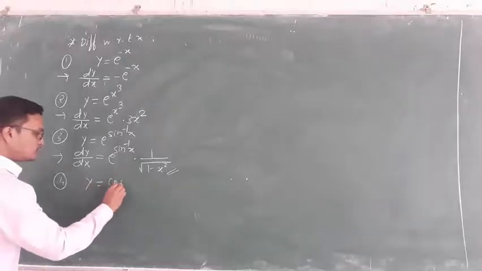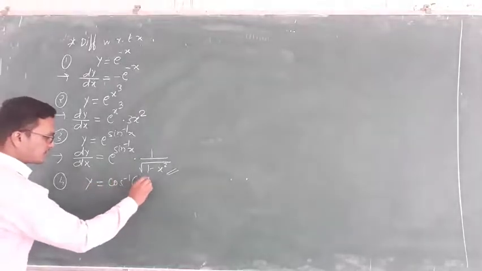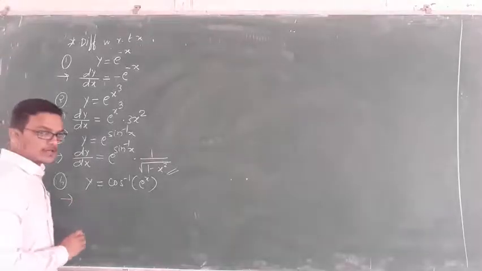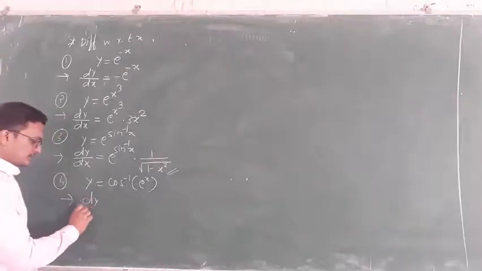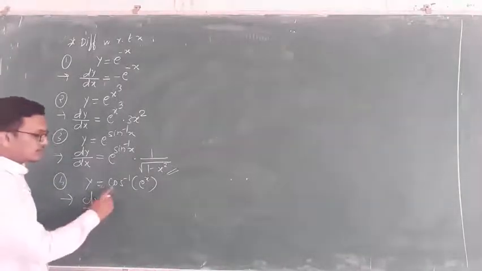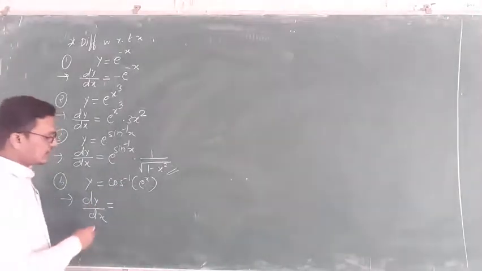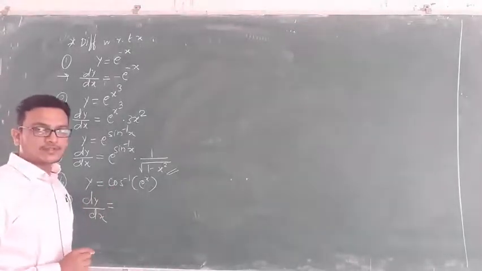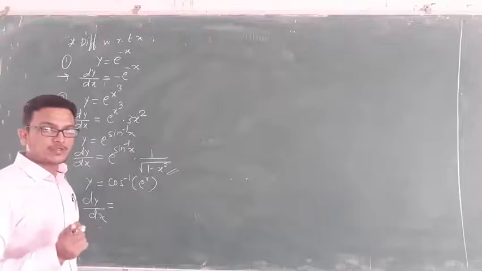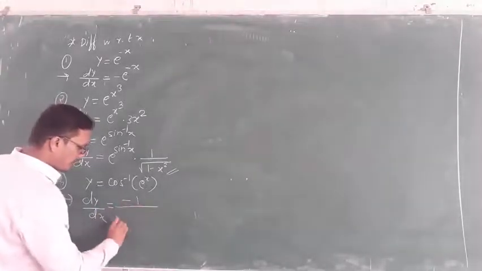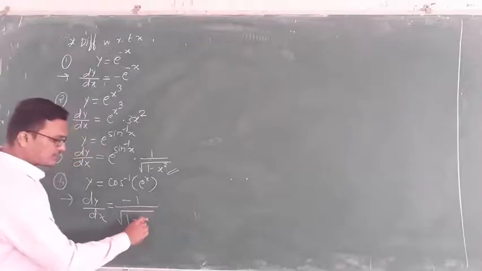Next example, y is equals to cos inverse of e to the power x. So dy by dx is equals to, this is a composition function, so first we will take the derivative of cos inverse. Derivative of cos inverse x is minus 1 divided by root of 1 minus x square.